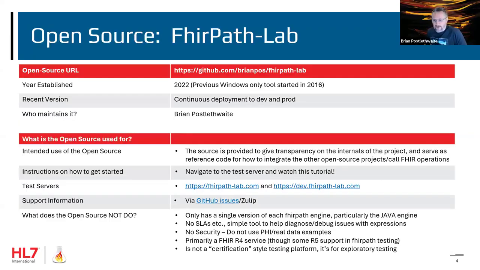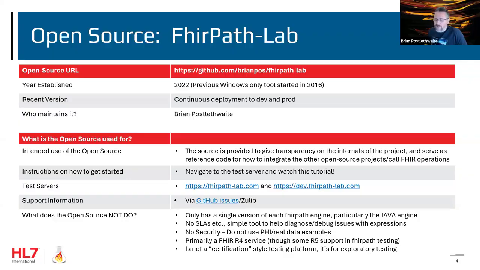So this is the obligatory open source slide for the project itself. It's up on GitHub. The current iteration started back in 2022 when I was starting at Microsoft. I looked at what I was going to present at Dev Days this year, and I thought I'd give some FHIRPath a bit of a run.